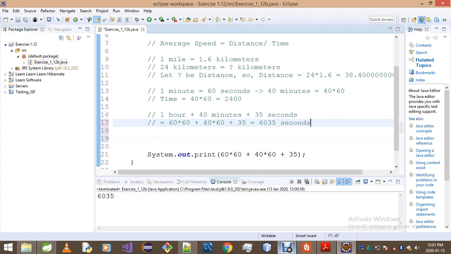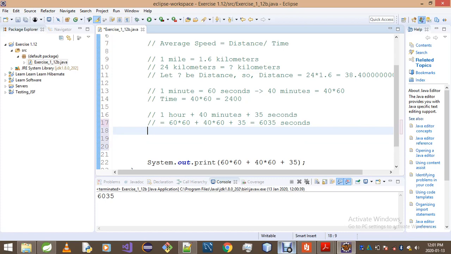If we want to convert this into hours, we'll simply have this number here, 6035. We'll simply divide this number by 3600. Why 3600? That's simply because we've got 3600 seconds in an hour.